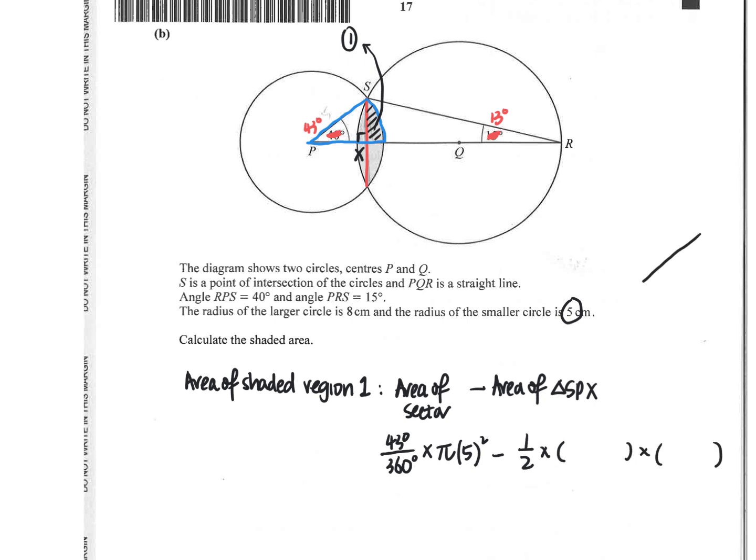So remember I told you the triangle has a shortcut, right? My radius is 5. This is 43 degree. So the base is 5 cos 43 degree. The height is 5 sine 43 degree. So base times height. Once you do this, you actually get the shaded region, and to get the full piece, you times 2.